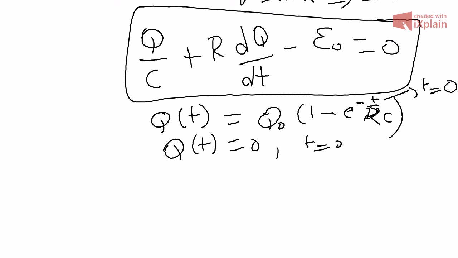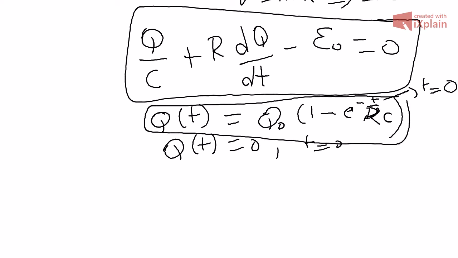We can also derive an expression for the current from this expression, and here RC is the time constant for any circuit. For RC circuits, this is known as the capacitive time constant. It tells how long a capacitor takes to charge.